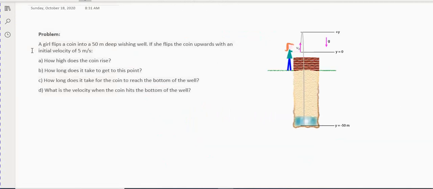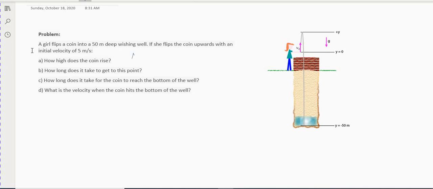Let's imagine that a girl flips a coin into a 50-meter deep wishing well. If she flipped the coin upwards with an initial velocity of 5 meters per second, it says how high does the coin rise, and it says how long does it take to get the coin to this point.